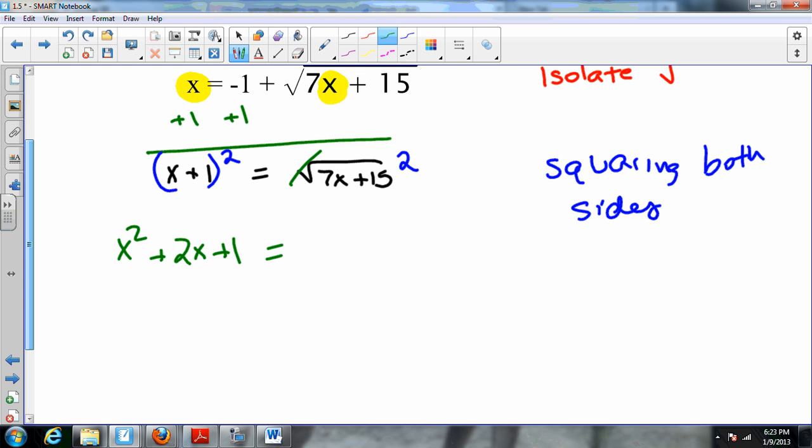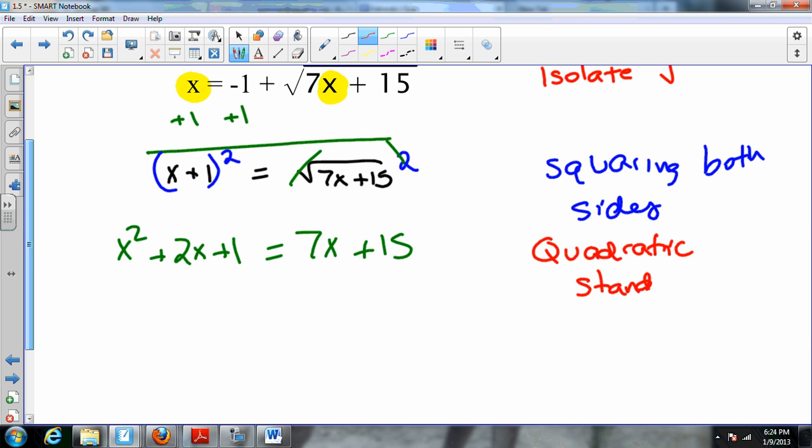Right side will become 7x plus 15. We see it's a quadratic because it's degree 2. We must get it in standard form. So subtract the 7x, subtract the 15.